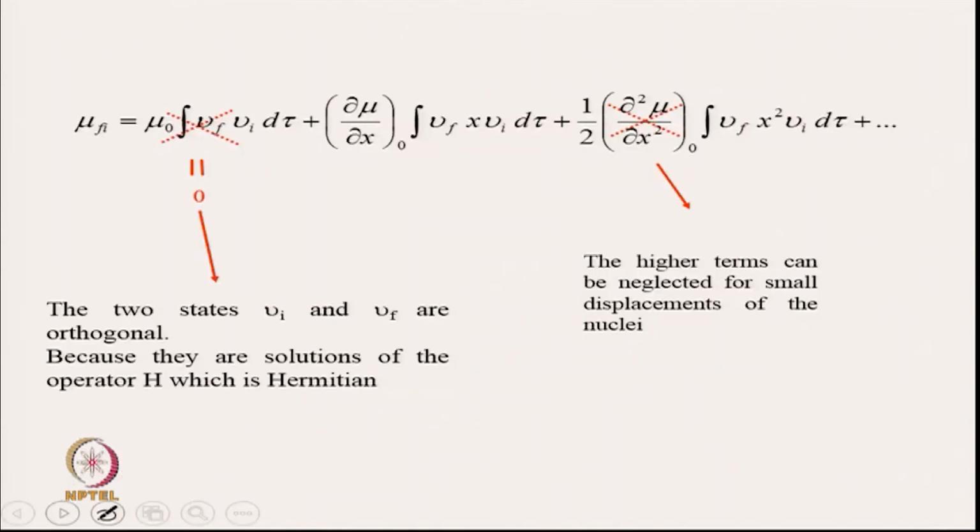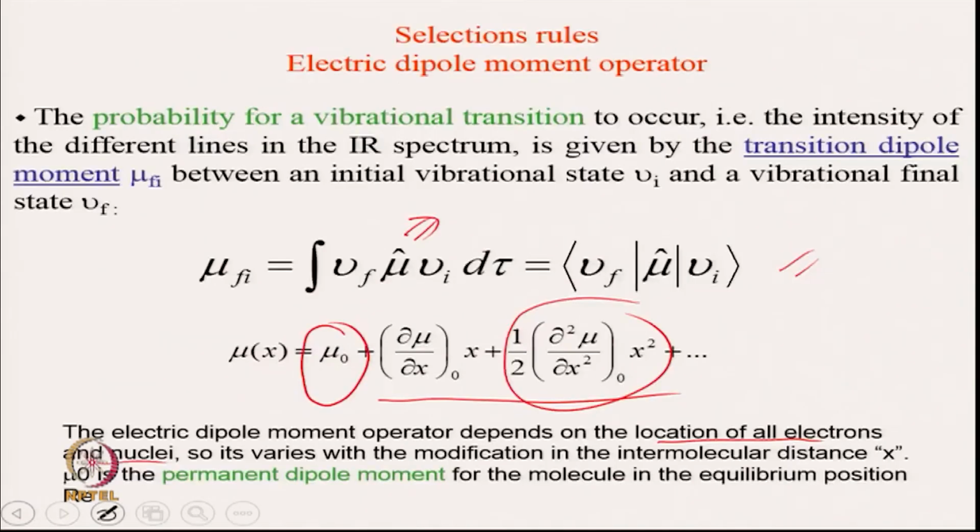If you do that, we replace psi f by Vf just to denote the wave function of the vibrational state, and this is your initial state Vi. So, if I put this in, mu naught is constant, it will come out, and you are left with Vf Vi d tau.